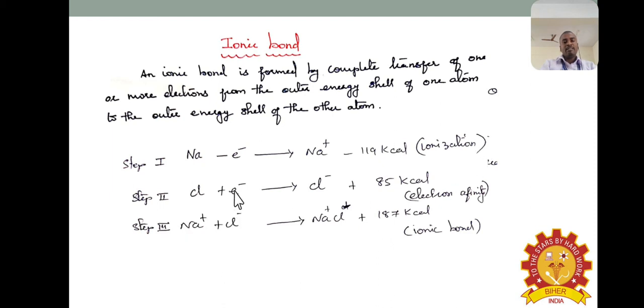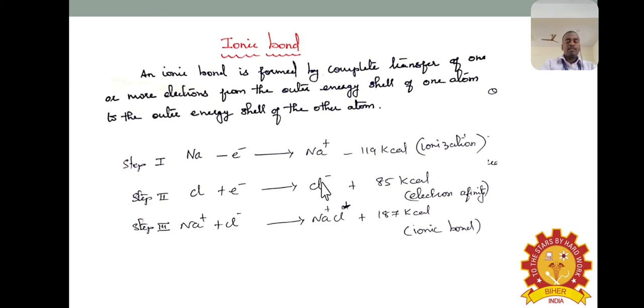Step 2 is the addition of this electron to Cl. The Cl neutral atom gets the electron released from sodium to form the Cl minus ion. This process needs 85 kilocalorie. This energy is taken from the ionization energy. Now the cation and anion are formed.